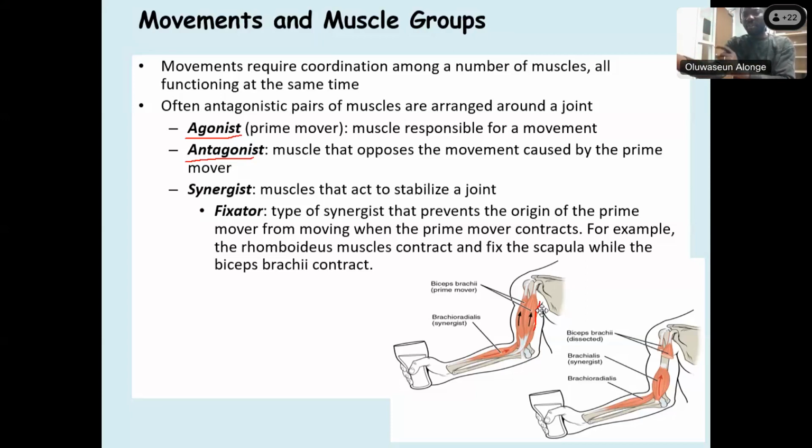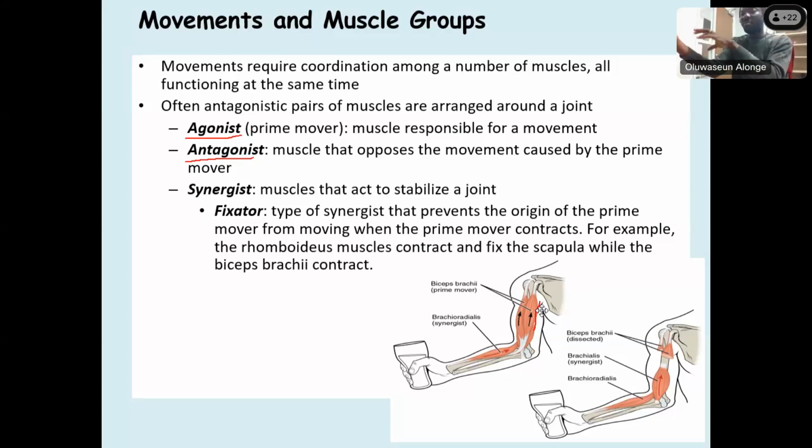Brachii, arm, radialis, radius, and you have the radius here. As you are flexing the elbow joint, two muscles are actually working. The major one is the biceps brachii, but this is also supporting this movement. So it's reinforcing the brachii.